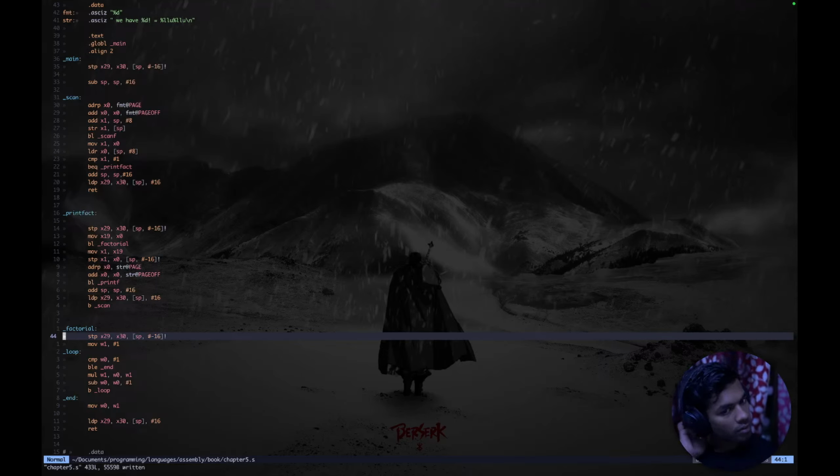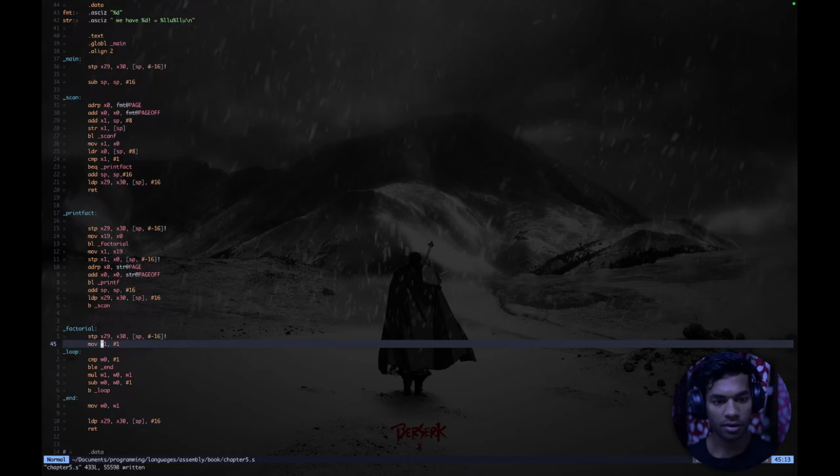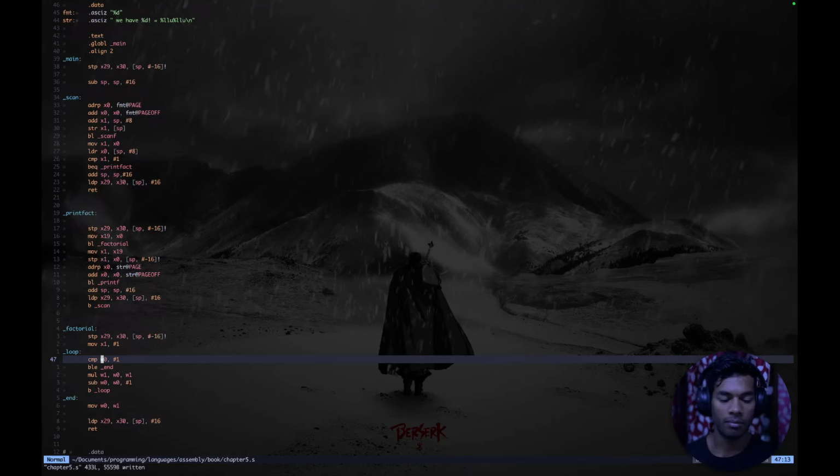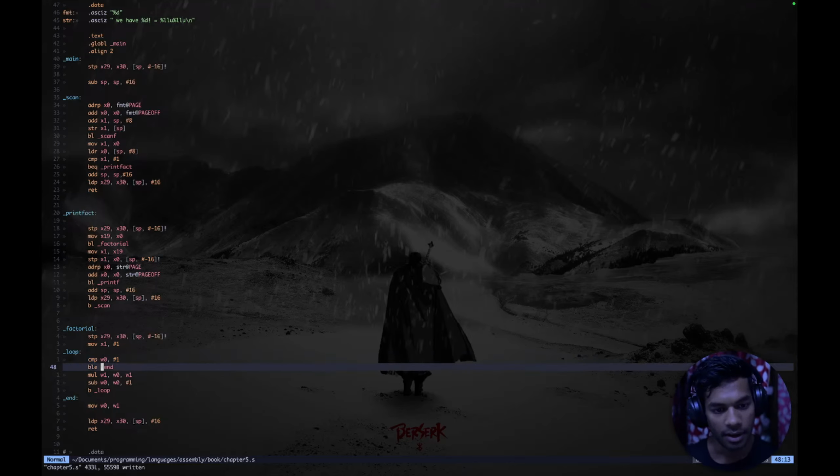What does this do? This function moves 1 to the first register, and compares the zeroth register with 1, and if the zeroth register is less than that, then I do not do anything.